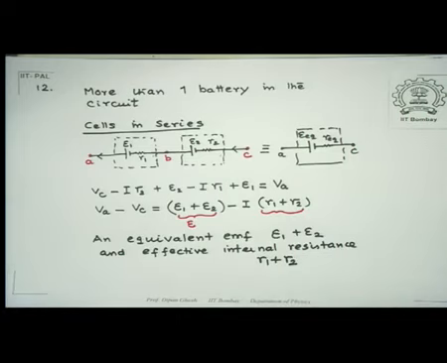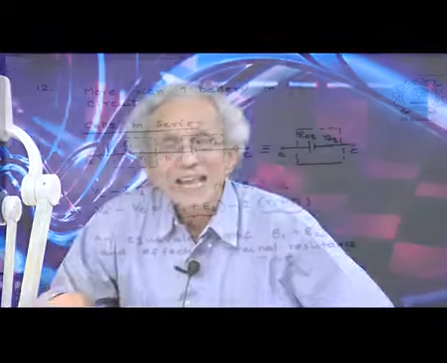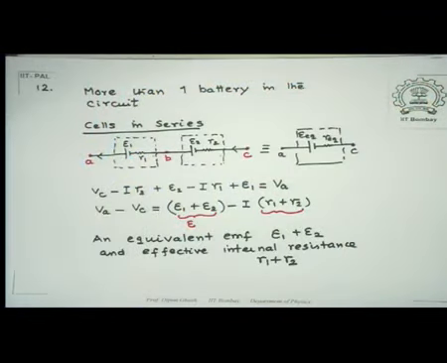I will in the next lecture talk about how to use cells in parallel. I told you that if you look up a normal torchlight, you put cells in series. But look up your remote at your home, you will find that the two positive ends are going together on the same side and they are in parallel.